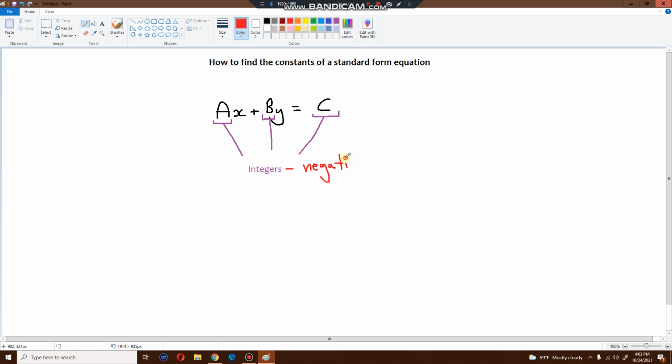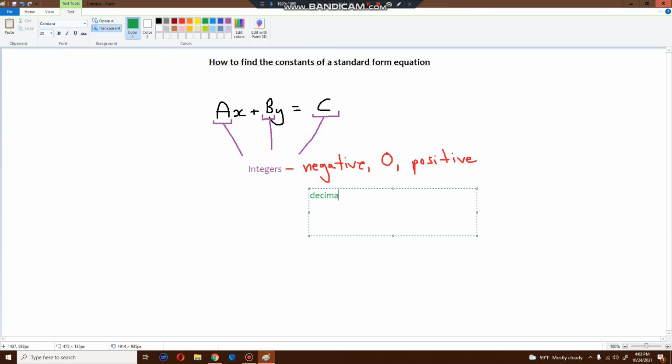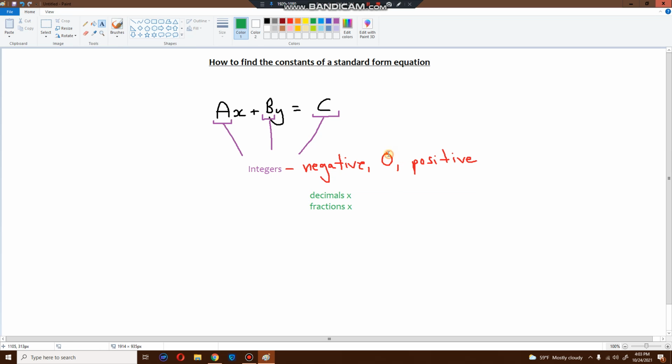It can also be the number 0, and of course it can be positive numbers, 1, 2, 3, 10, 11, 12, and so on and so on. One thing integers cannot be, integers can definitely not be decimals. That is a big no-no. And of course it cannot be fractions. That is also not acceptable for integers. No decimals allowed and no fractions allowed.